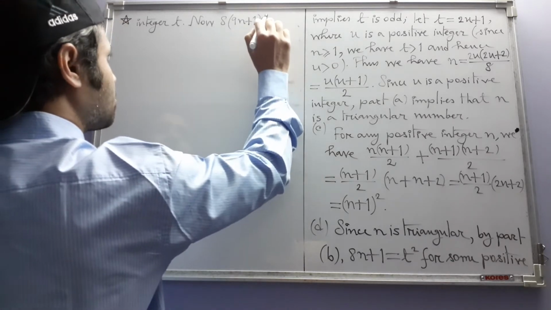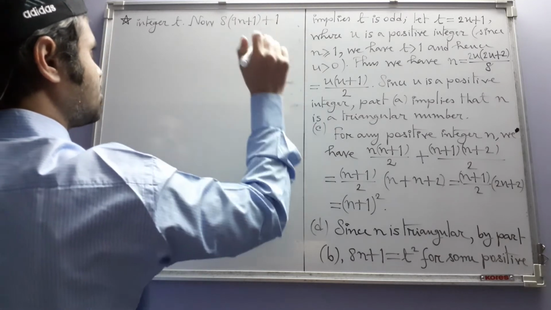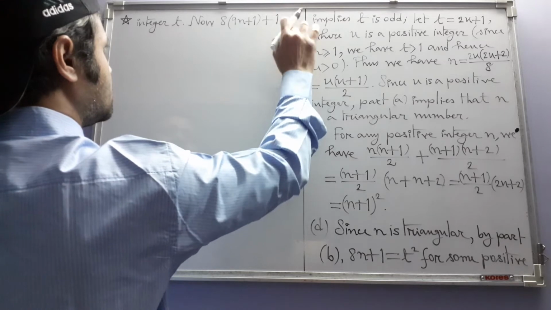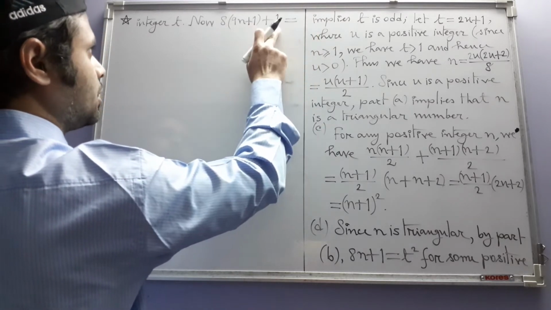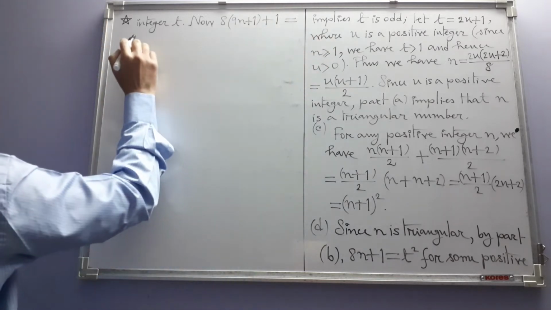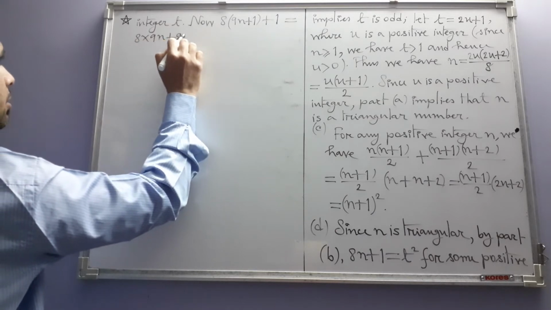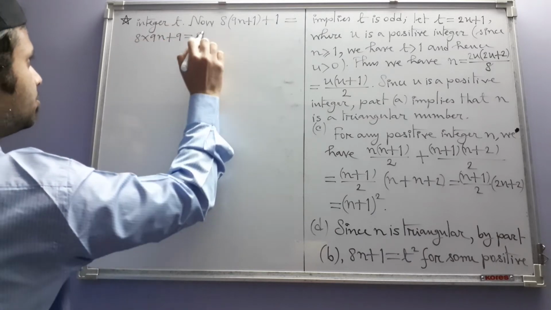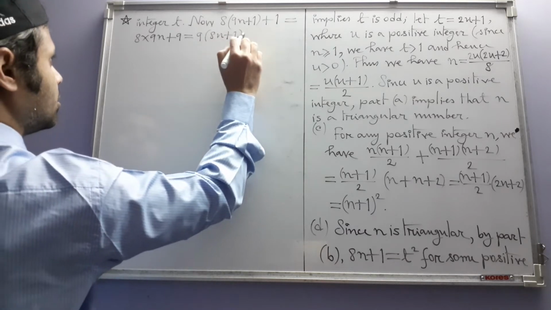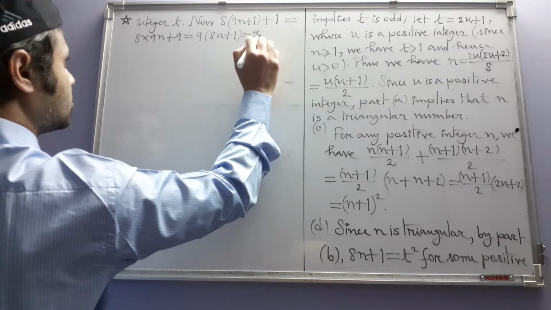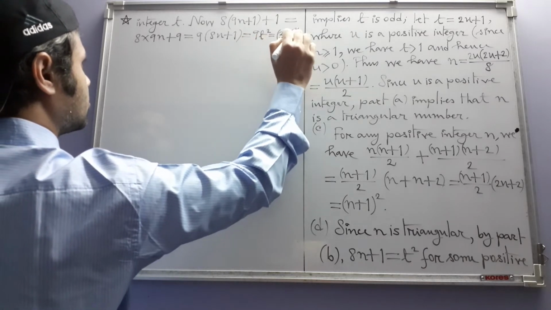Not just this but plus 1, because this is our integer. 8 times this plus 1 will be 8 times 9n plus 8 plus 1, which is 9. So we have this. Now if we take 9 common out, then we are left with 8n plus 1 inside. So this is 9t square, which is 3t whole square.